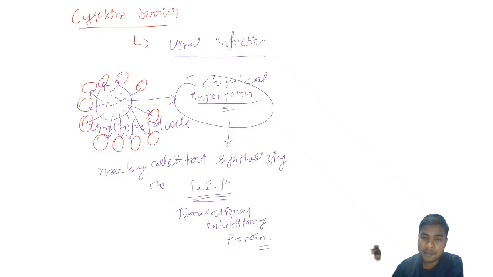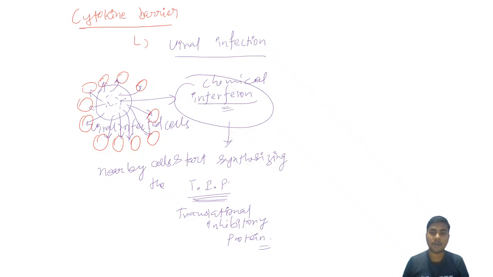Due to the absence of translation, the virus cannot make the proteins for its survival and machinery to complete the virus structure. In this manner the viral infection is inhibited.